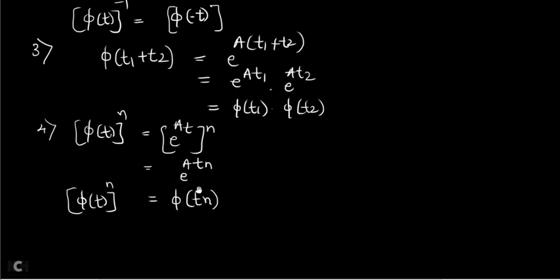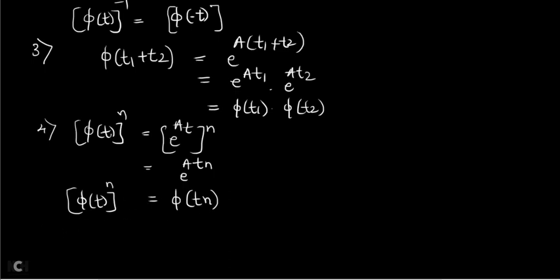That means wherever t is there, you simply multiply it by 2, 2 into t. That will give you phi of t square. So calculating the square or cube of a state transition matrix is very easy using this property.